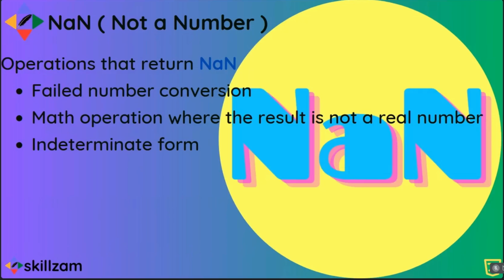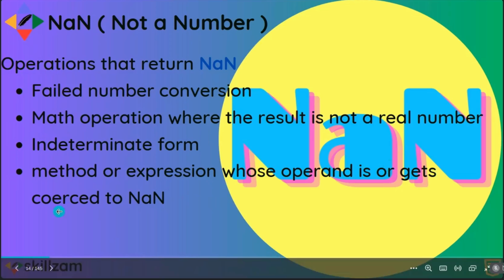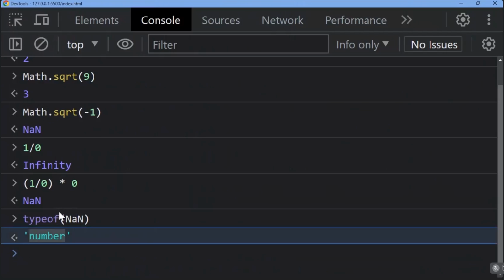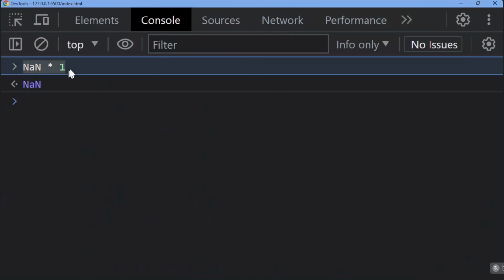Then again, there are other methods or expressions whose operand is coerced to a NaN. Okay, this is also one example. For example, you are taking a NaN value and trying to operate on it, like NaN multiplied by 1. Anything that you do with a NaN gets a NaN value.